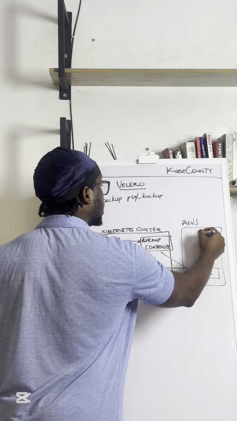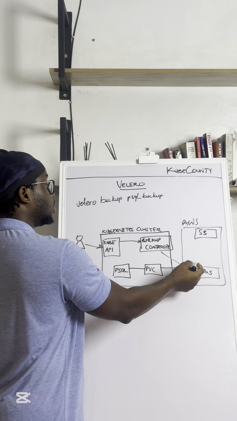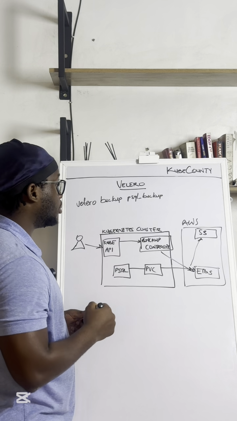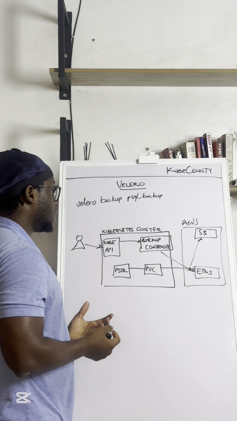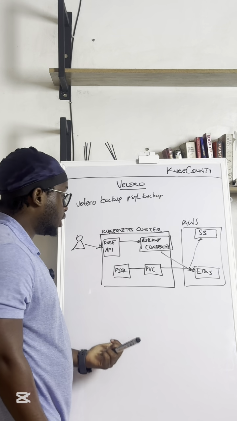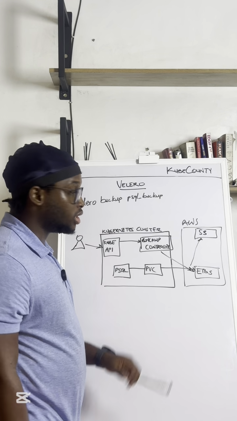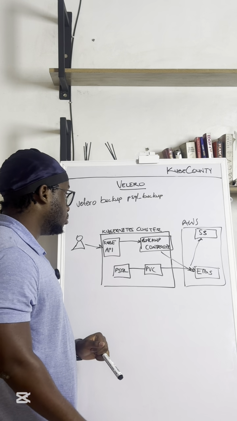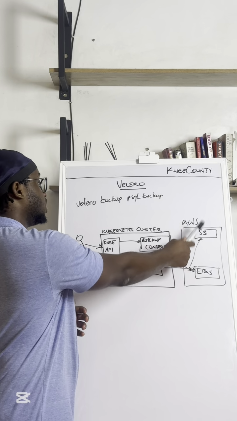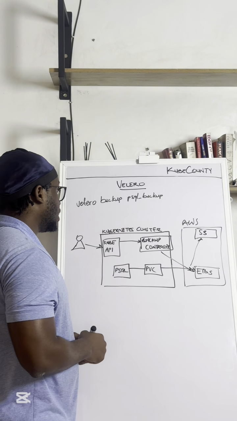So say you have your object storage S3 here. Velero takes a snapshot of that database and stores it in S3. You can also set up Velero to just store it on your local system, but that's no good. It's better to store it in an object storage for persistence and availability for all the engineers, right? That's what Velero does. It takes the snapshot of this and stores it by interacting with the cloud API server.